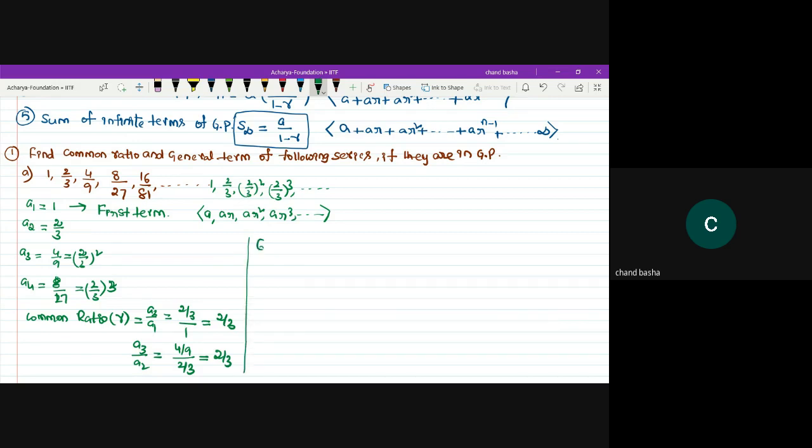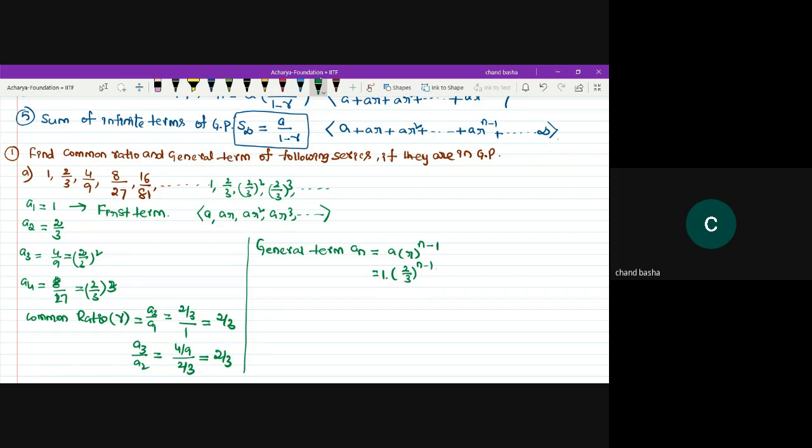I can find out the general term. The general term or nth term is A r power n minus 1. That is, A value is 1, R value is 2 divided by 3, whole power n minus 1.